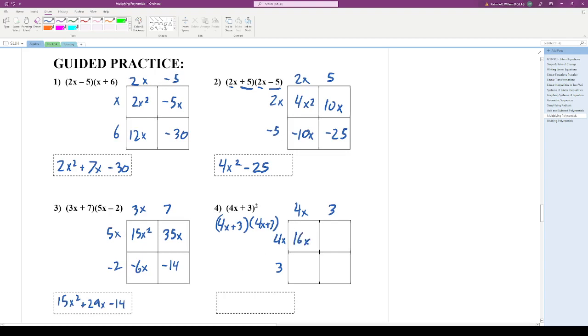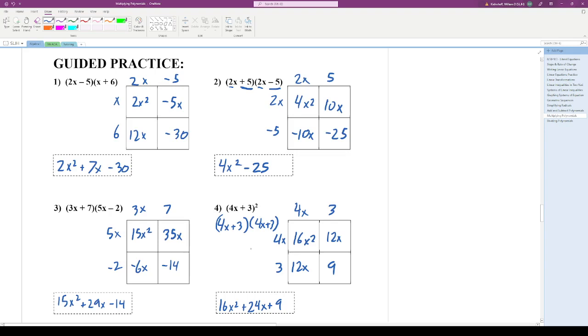Here we have 16x squared, 12x, 12x, and 9. So here we end up with the same term for both of these because we squared this binomial, meaning that the top right and bottom left box are going to be identical. So we have 16x squared plus 24x, because we have 12x twice, plus 9. So that's what you should have gotten for those.